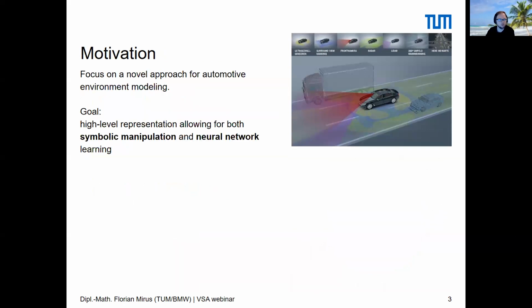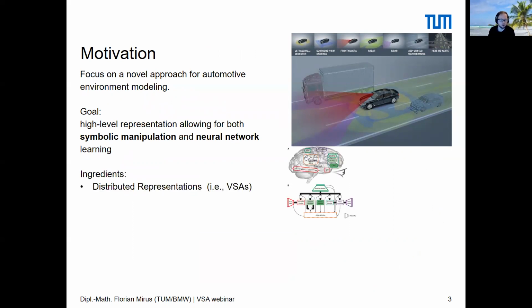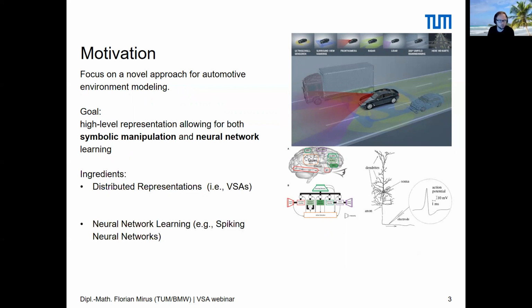In my thesis, I wanted to at least approach some of these issues, and the focus is on a novel approach for automotive environment modeling, with the goal of generating high-level representations of the scenes, allowing for both symbolic manipulation and neural network learning. The ingredients that I've been using are distributed representations, vector symbolic architectures, which also allow for implementation in spiking neural networks.